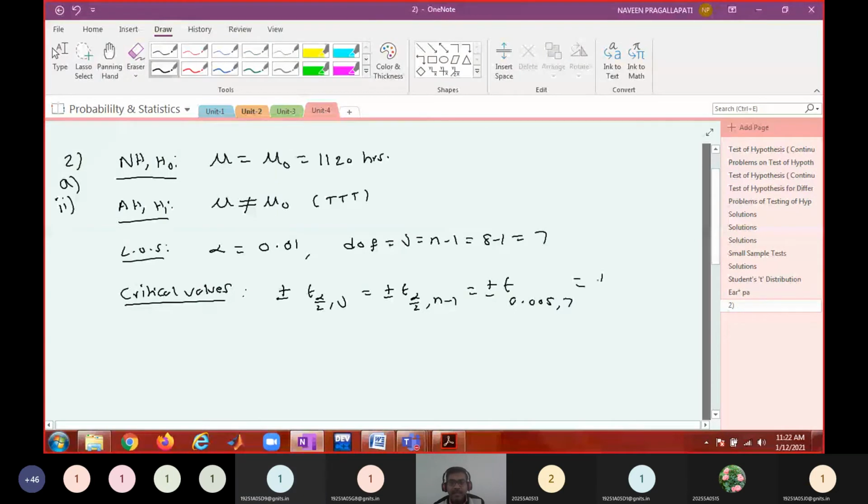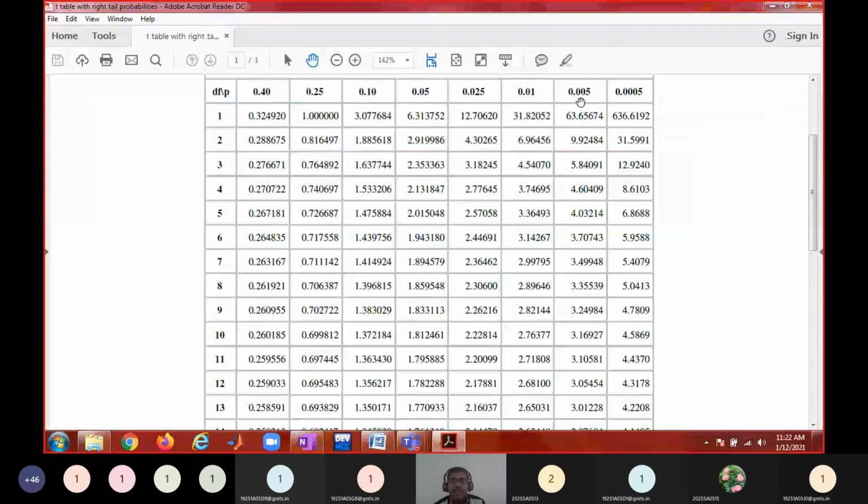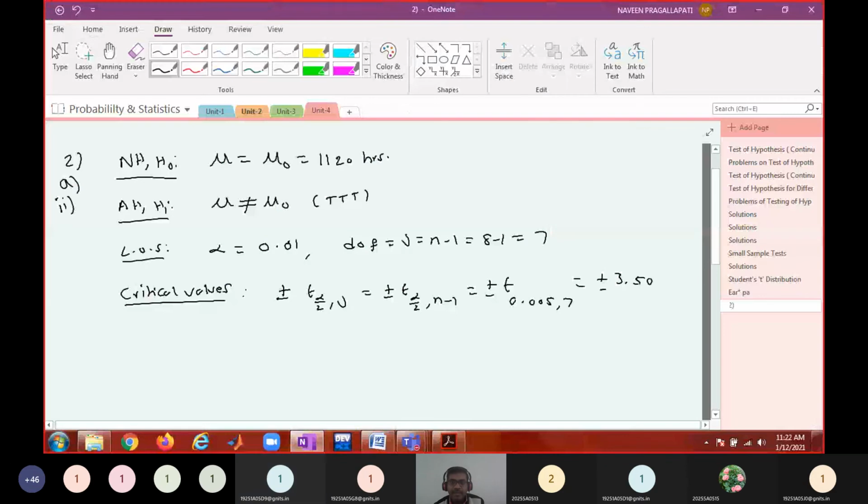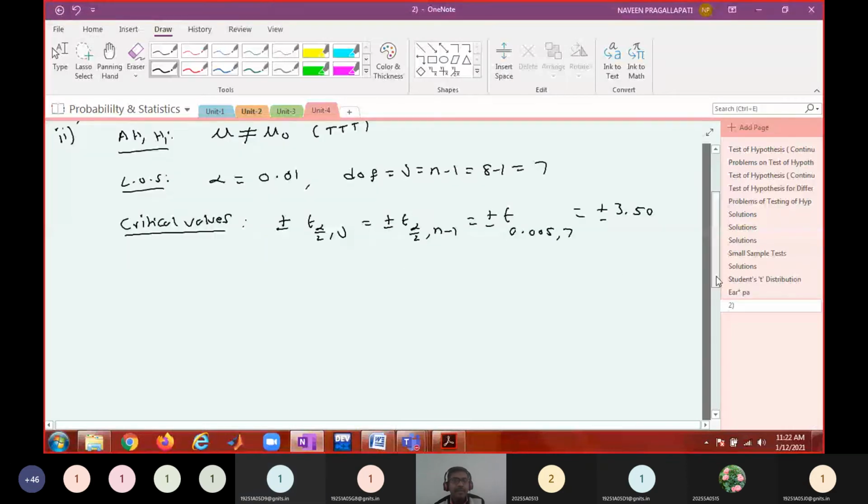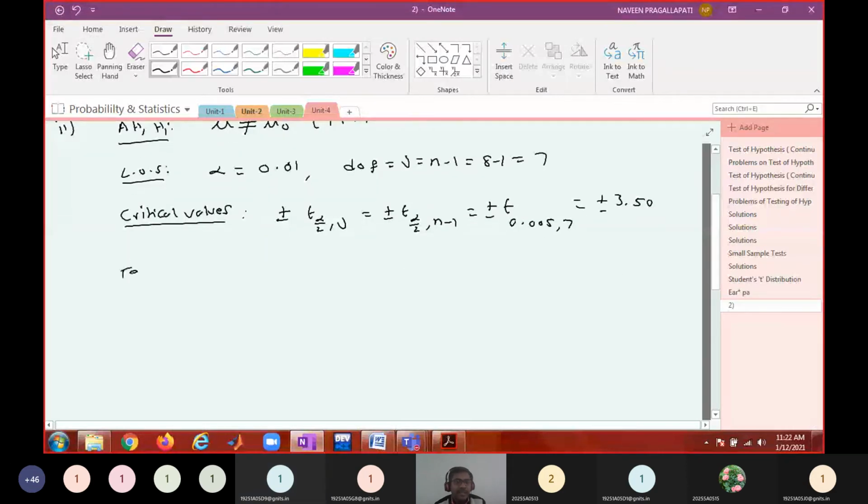What is t 0.005 comma 7, with 7 degrees of freedom? It is 3.50. Do you agree? So 3.50.